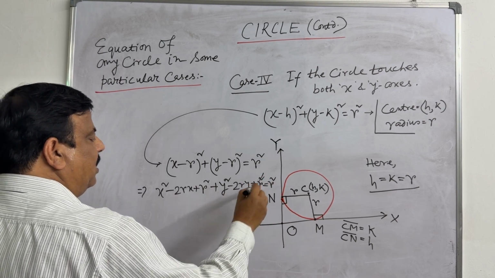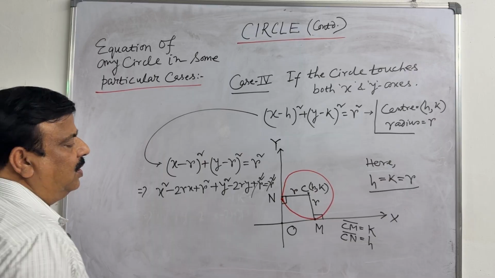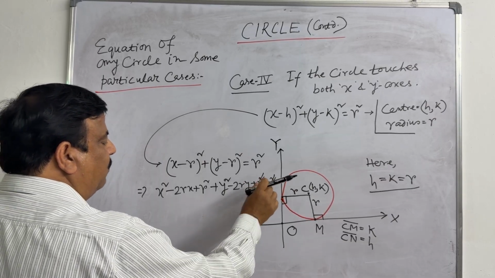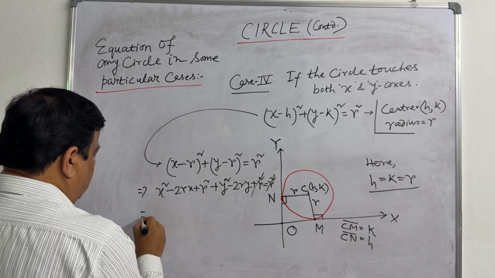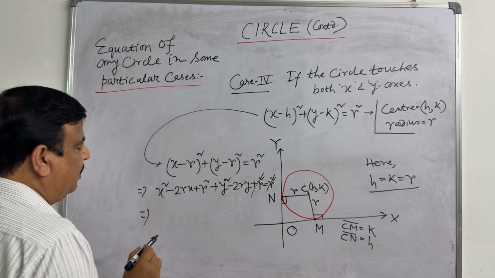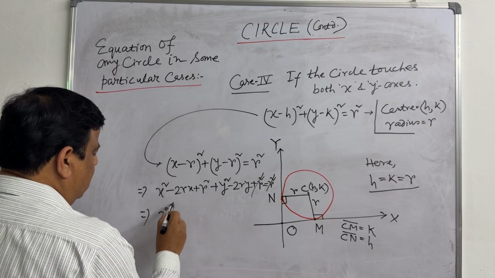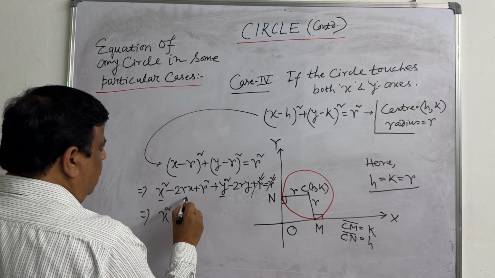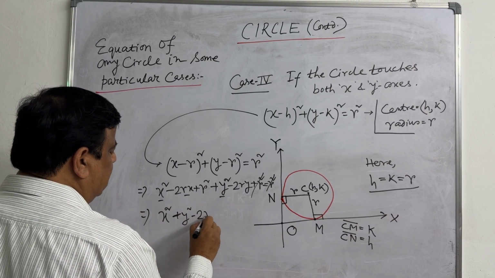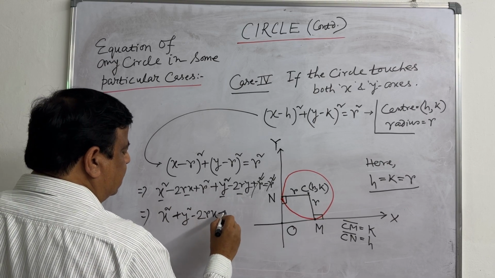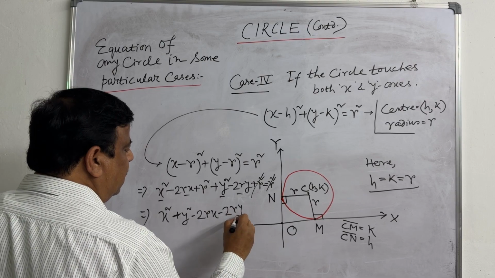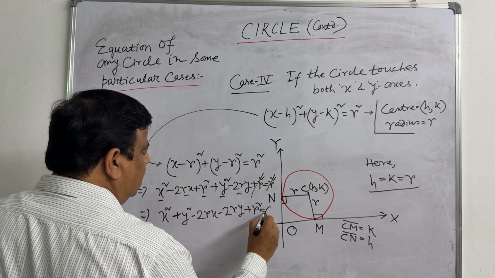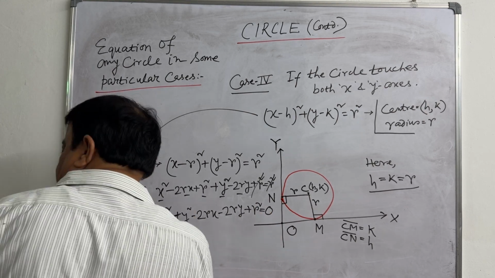So you can cancel one r square because it exists on both sides of the equal sign. Then the final equation is x square plus y square minus 2rx minus 2ry plus r square equals 0.